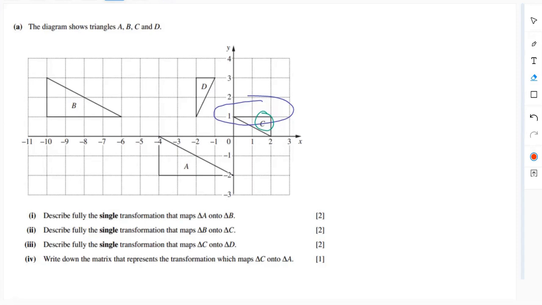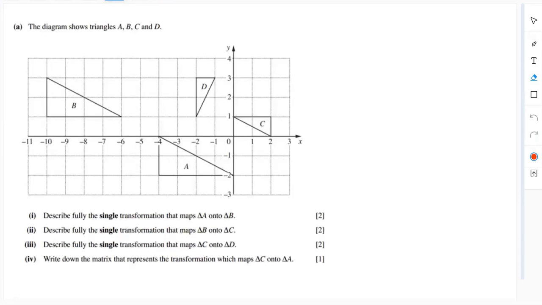Some clutter remains. Okay, try again. Okay, now it's fine. Now write down the matrix that represents the transformation that maps C onto A. Okay, C onto A. We have to go from C to A.